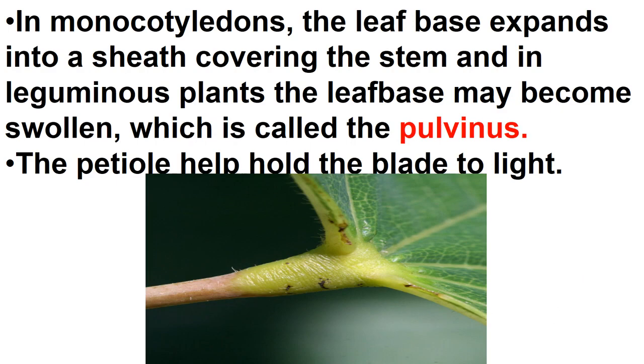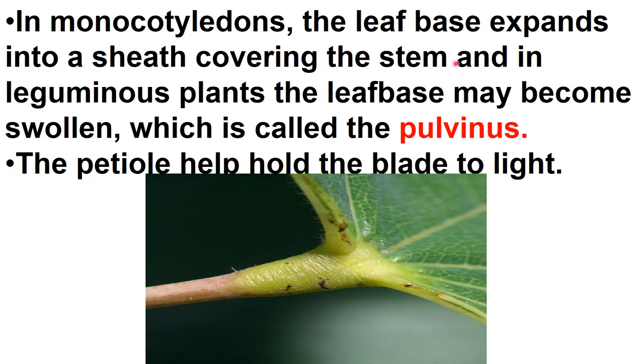Now next, in monocotyledons, the leaf base expands into a sheath that covers the stem.